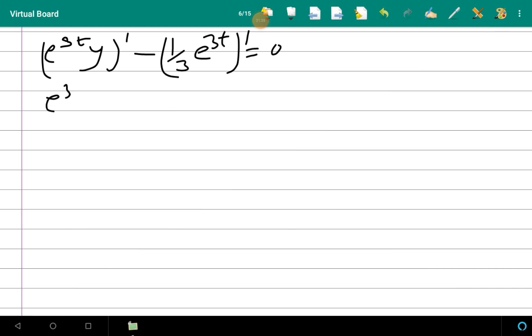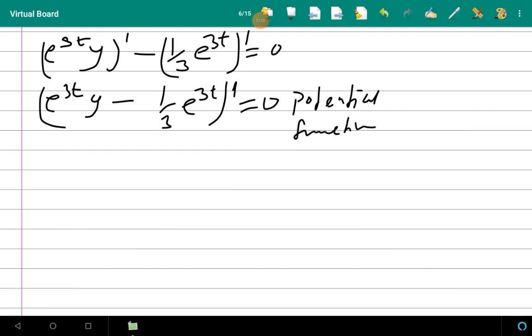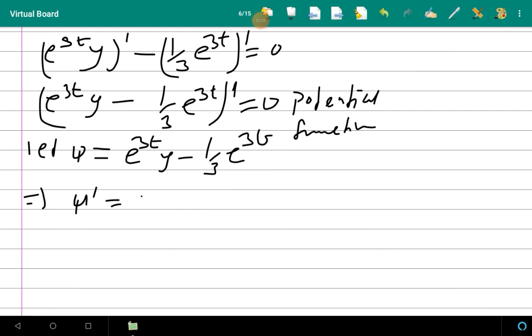Factorizing everything into one bracket, I have this all prime, and this is the potential function. So we let mu to be equal to e exponent 3t y minus 1 over 3 e exponent 3t, okay, and which implies that this prime will be equal to what? 0.